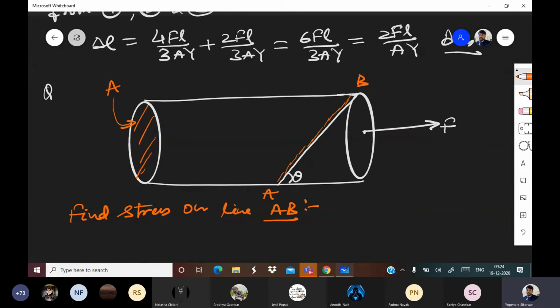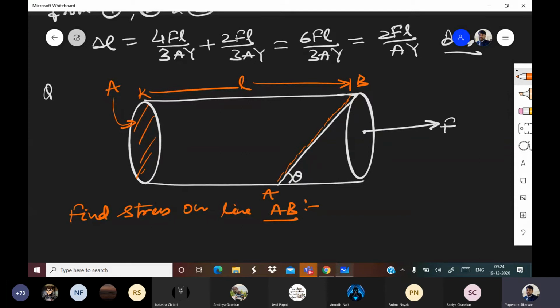Are you getting what I am trying to say? We have a cylinder that has some length, let me give you that also, L. It also has an area of cross section A, which is mentioned clearly. Now, there is a surface drawn.